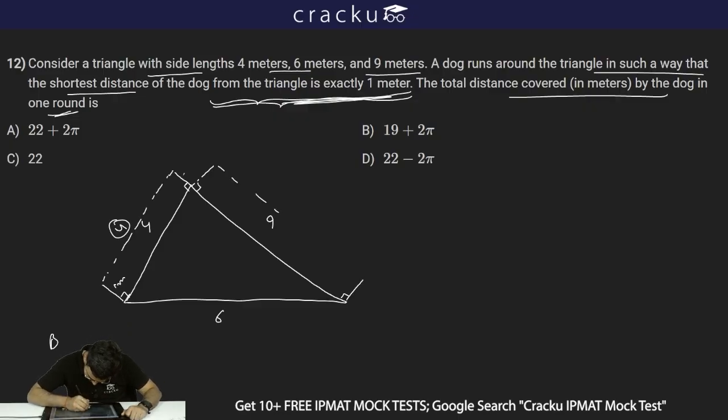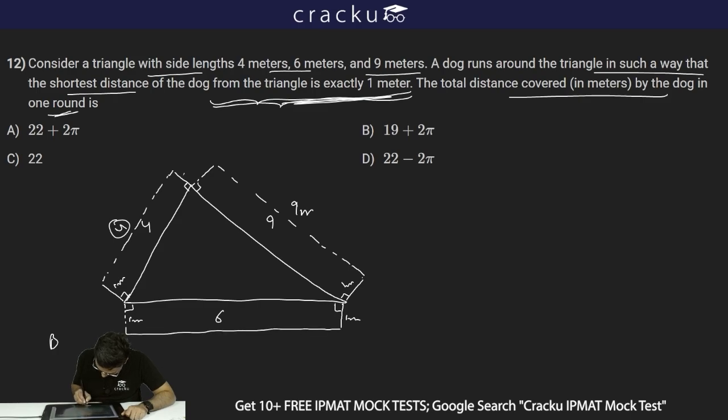So again, this will be equal to 1 meter and this is 9 meters. And again this is perpendicular and this is again perpendicular. So this is 1 meter and 1 meter. This will be 6 meters. So 4 meters, 9 meters and 6 meters, these are the sides of the triangle.